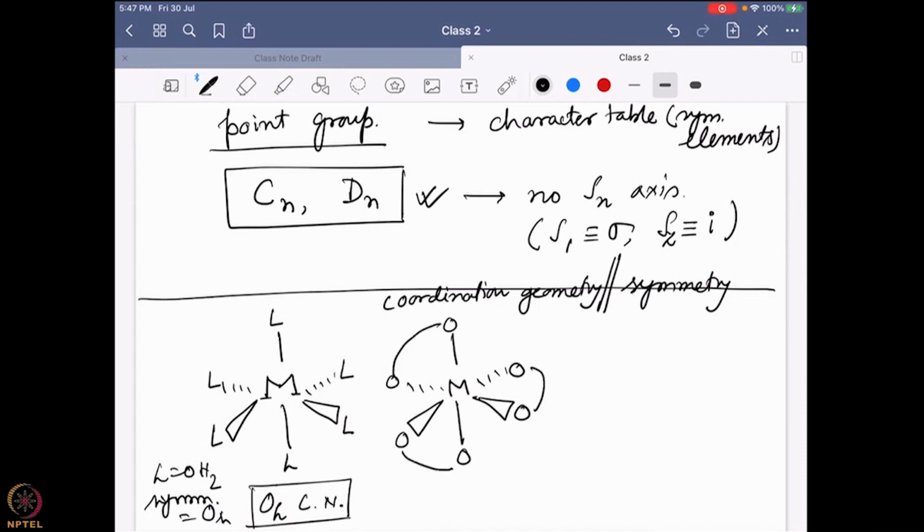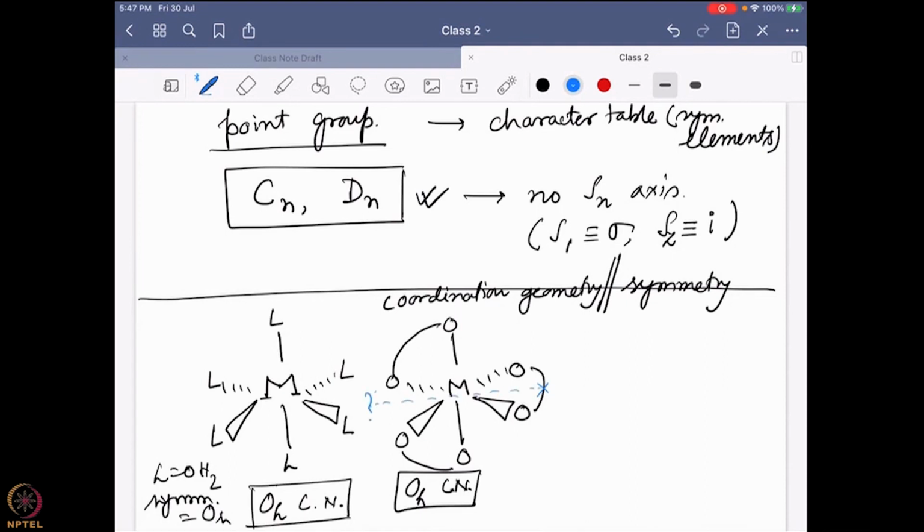Once they get connected like this, the geometry is still an octahedral coordination geometry, but the symmetry is not octahedral. Why? Because over here, just see, if I sit at this particular point and go through this molecule, I don't find a linker over here.